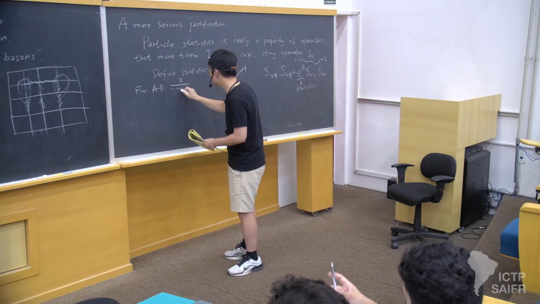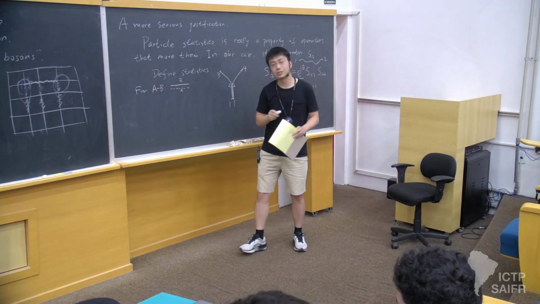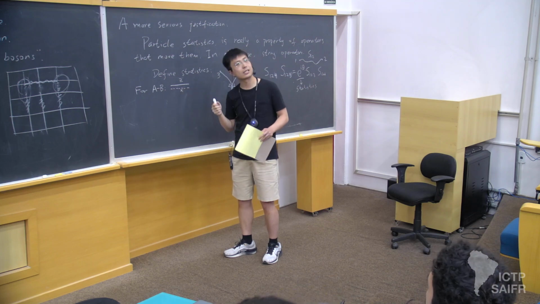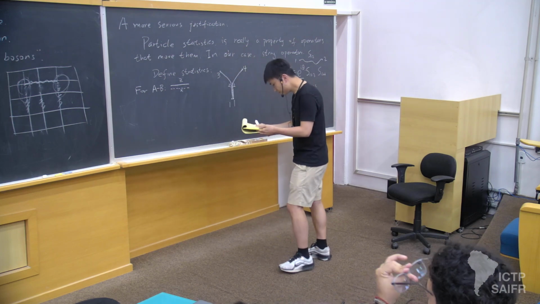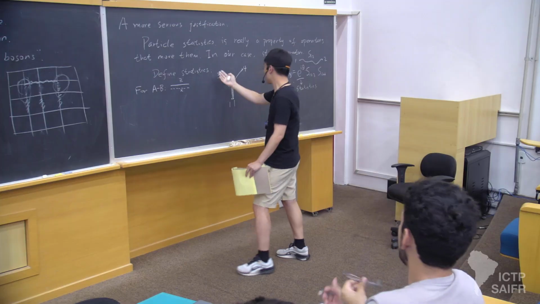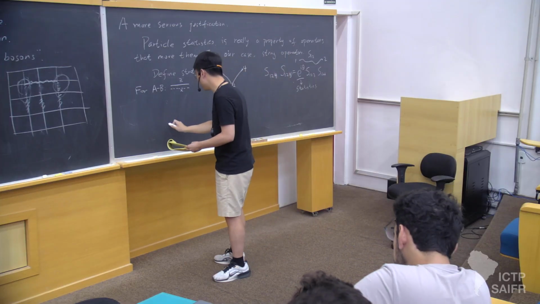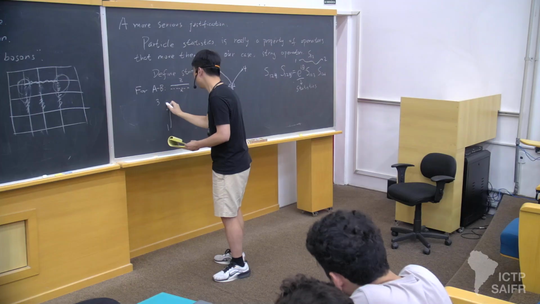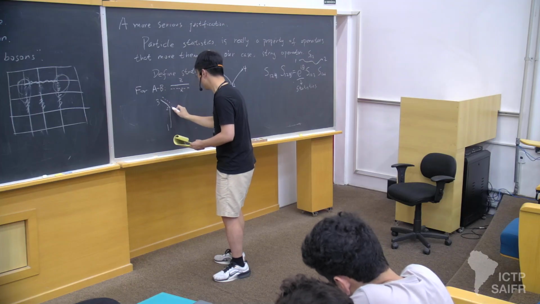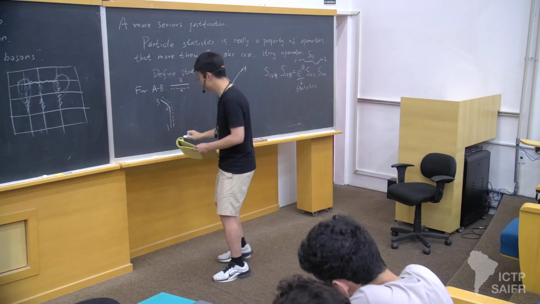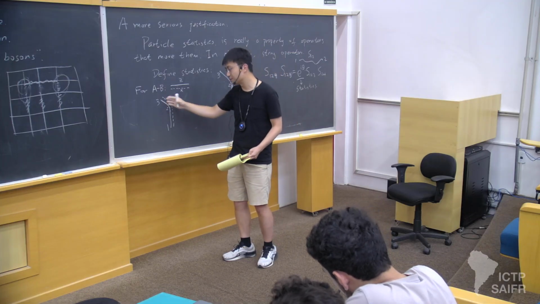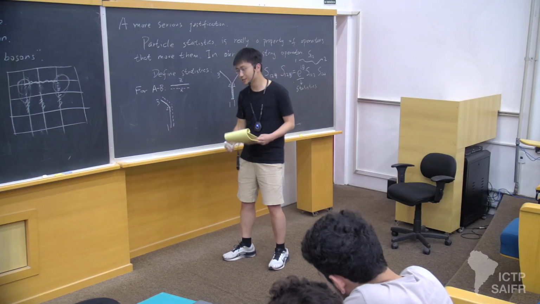One is a Z, another is an X. So this solid line is a Z string, this dashed line is an X string. So what are these objects? This 1, 2, 3 is something like this. I'm just literally putting the 2 side by side and bending it so that it looks like this.